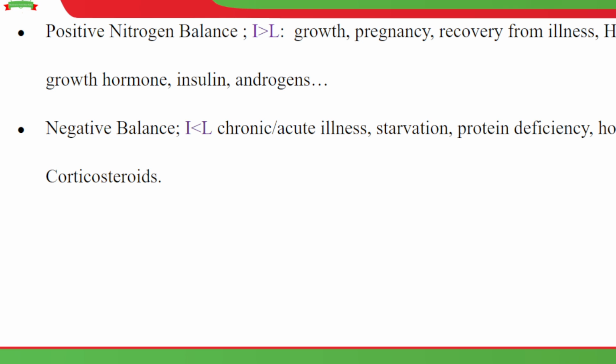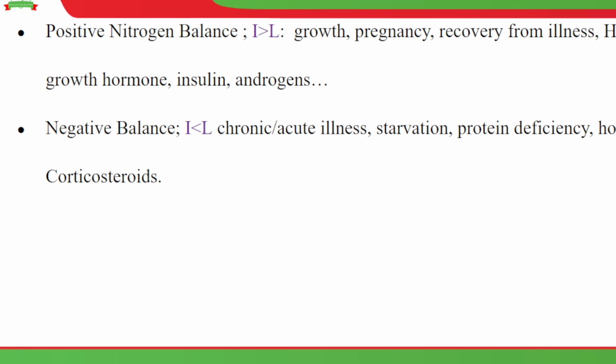However, there's what we call the negative nitrogen balance, where your intake is less than the loss. We have that in things like chronic or acute illnesses. And then you have starvation, where your body is losing a lot during that process and you're not actually taking in more.